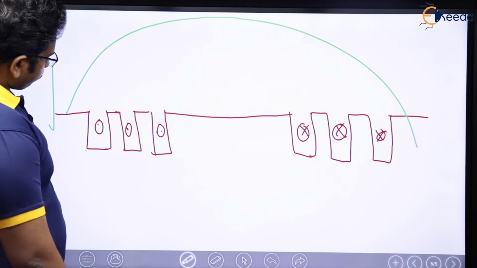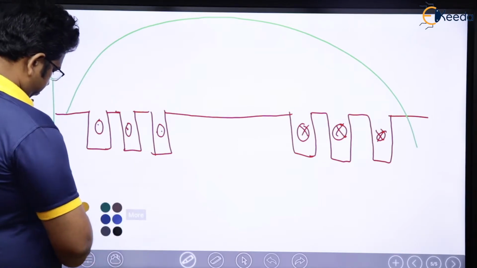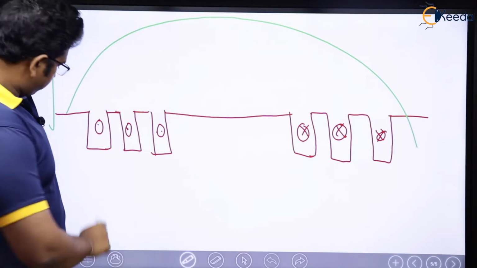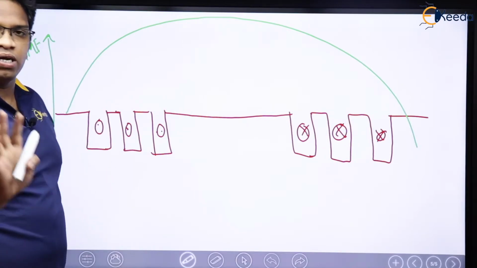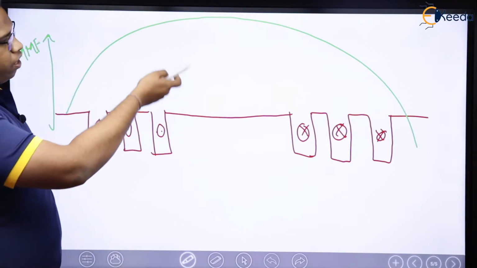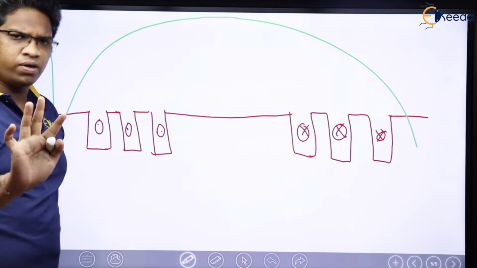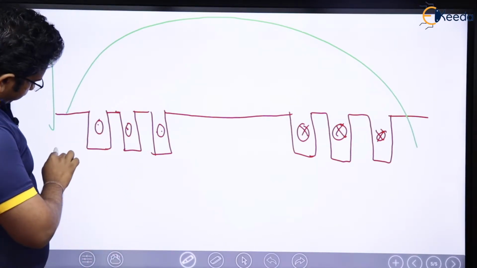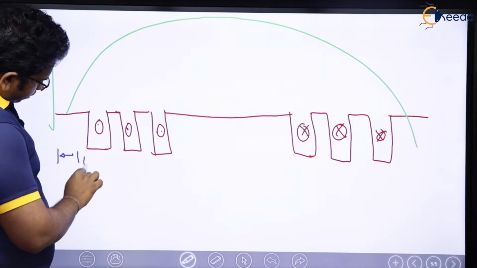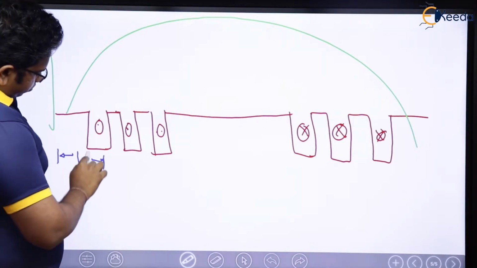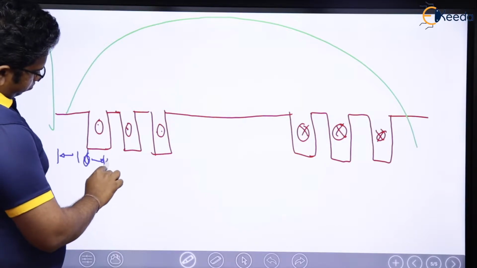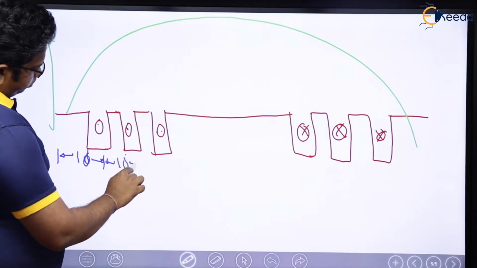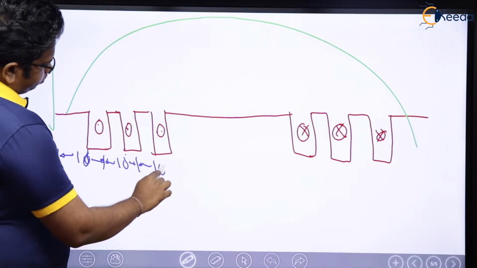See here. What I am saying is, you will understand everything. You will say, sir, how did you take it, sinusoid and all? You will understand. Just wait. Give me 2 seconds. Let me consider this slot angle as 10 degrees, 10 degrees and 10 degrees.